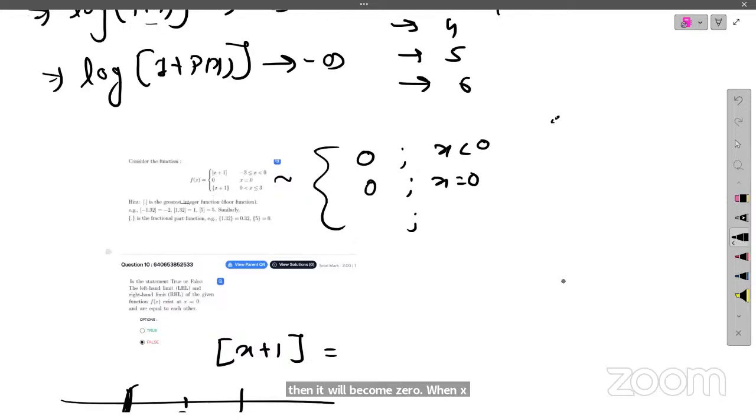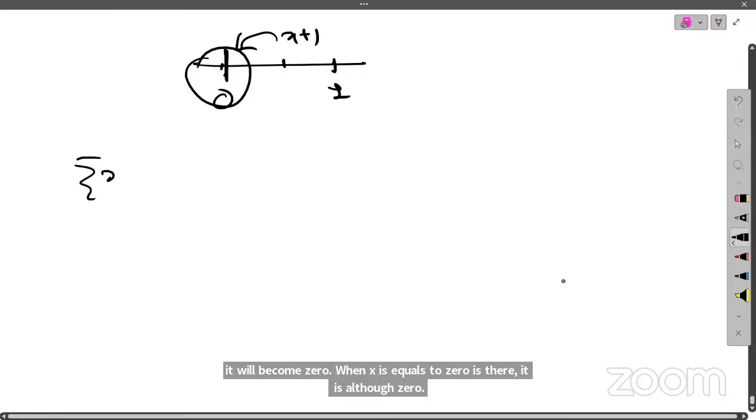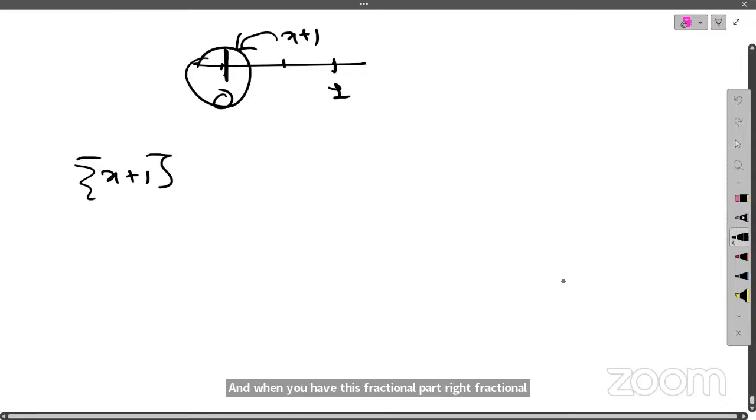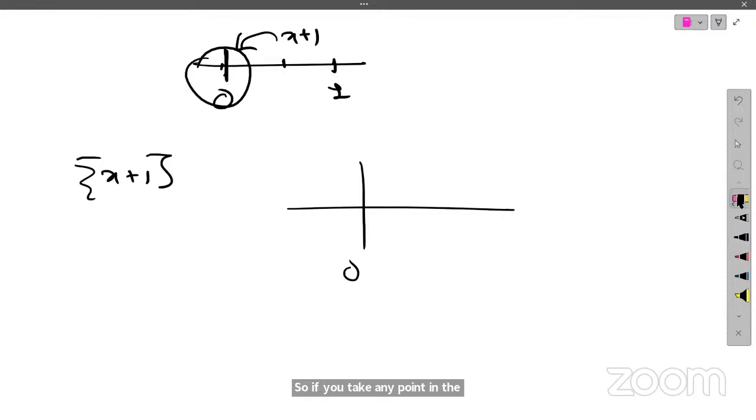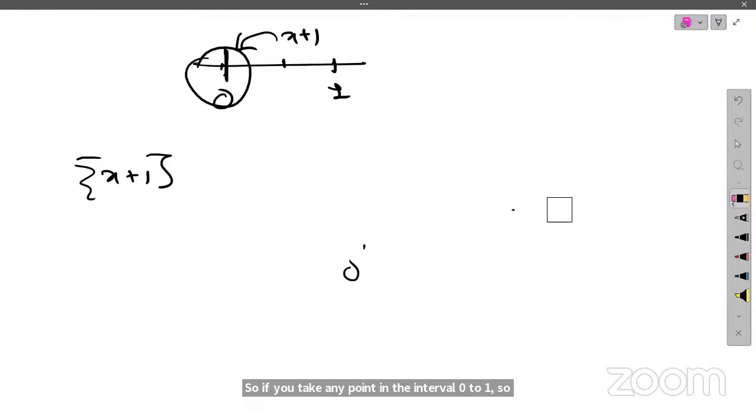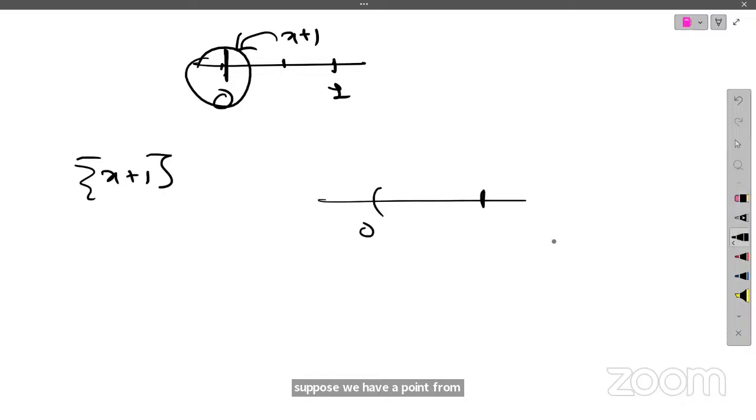And when you have the fractional part, the fractional part of x plus 1, if you take any point in the interval 0 to 1, suppose you take any x between 0 and 1, this is 0 and this is 1. For this x, where does x plus 1 lie? It lies over here, that is 1 to 2.